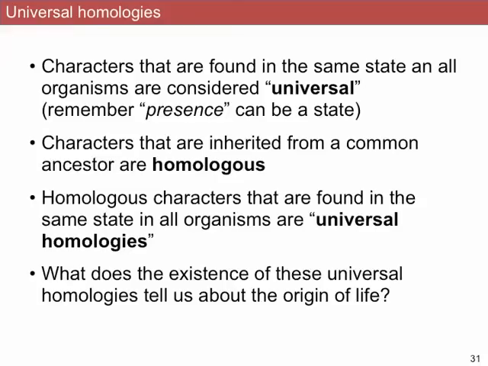So again, characters found in the same state in all organisms can be called universal. Characters inherited from a common ancestor, as we've already talked about, are called homologous. So homologous characters that are universal, these are universal homologies. And it's the universal homologies that tell us, basically, that all life has a common ancestry.